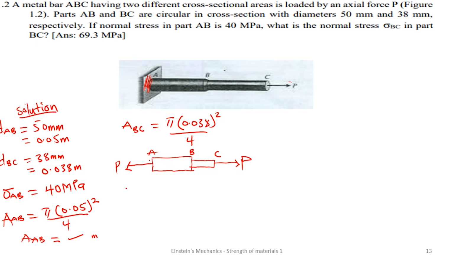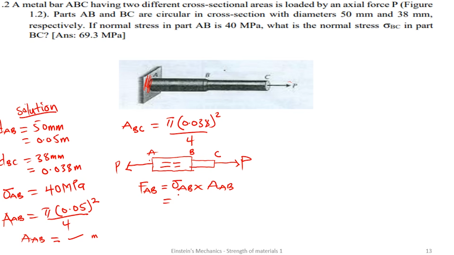What do we need? We have the stress induced in AB already. We have the area here. Can we find the force AB? Are we good? We have the stress, 40 megapascal, in member AB. We know the area, so we can calculate for the force. Remember, what's the formula for finding force? We know that force in AB is equal to the stress in AB multiplying the area AB.